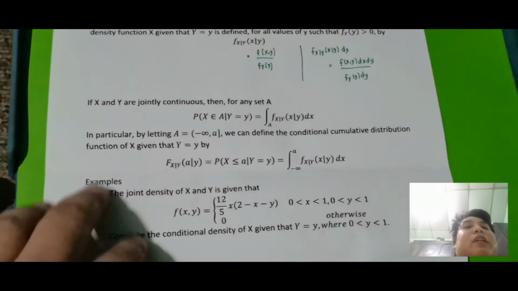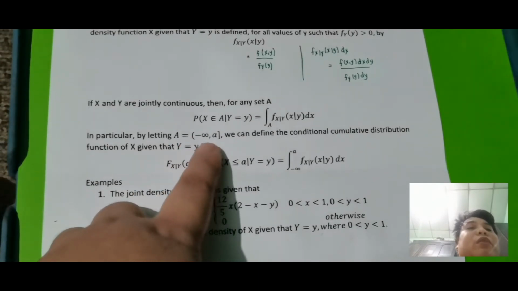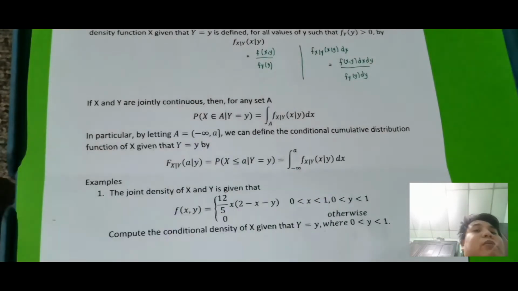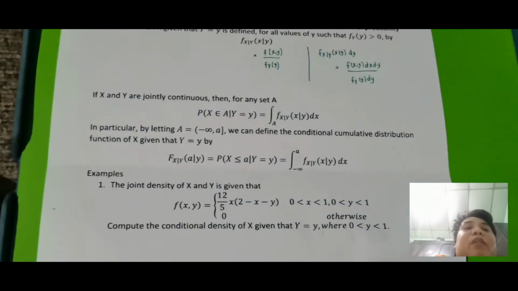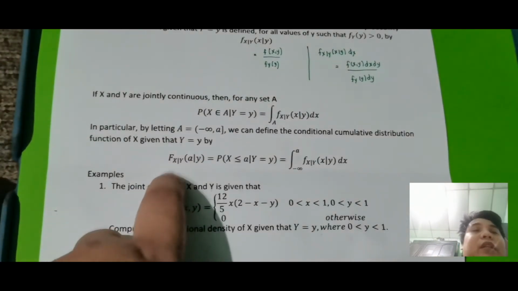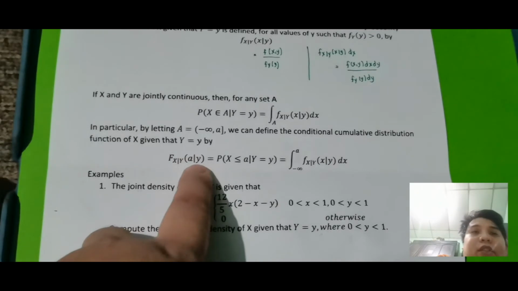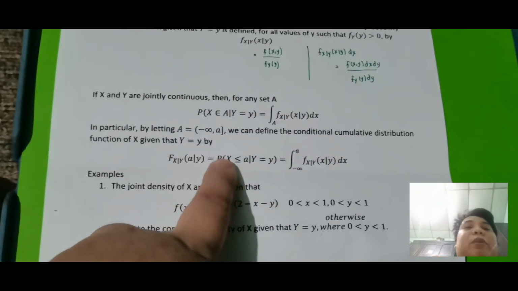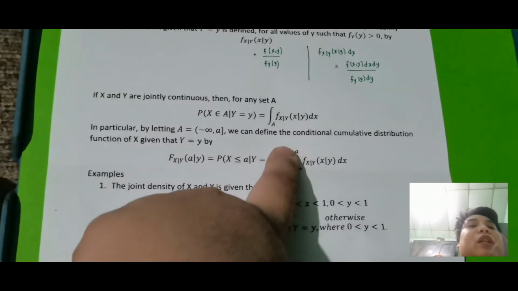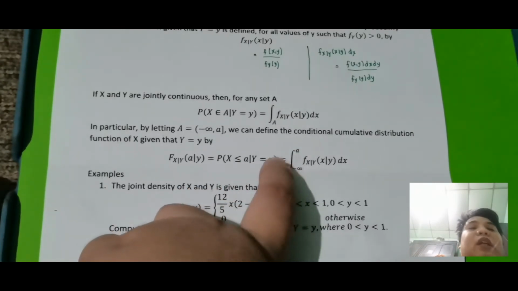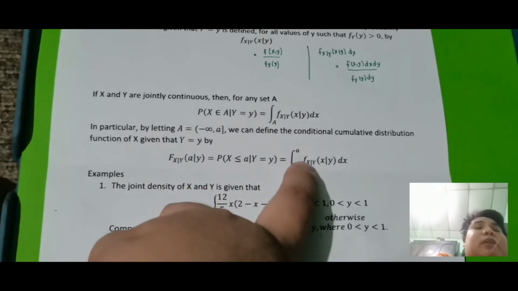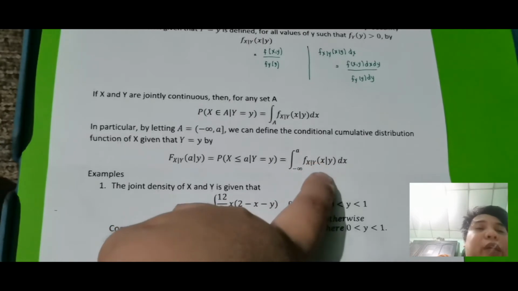So in particular, by letting A is equal to negative infinity up to a, so kunyari fix a, given that yung cumulative distribution function na, so what if naman CDF? Pag CDF, this is just equal sa F sub x given y of a given y, which is equal to the probability of x less than or equal to a given that y is equal to y, which is equal to the integral from negative infinity up to a of f sub x given y of x given y dx.